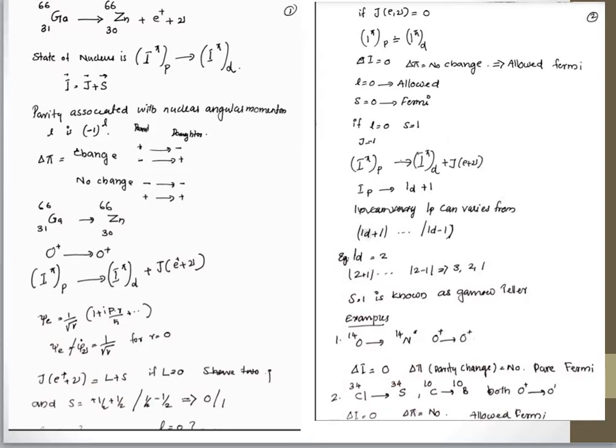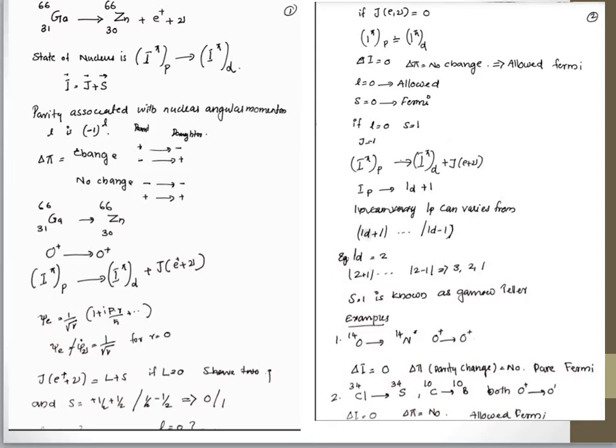The parent nucleus is represented by I pi parent, which gives I pi daughter plus the total angular momentum of the electron-neutrino pair. This indicates the change from parent to daughter. The parent is converted into a daughter.